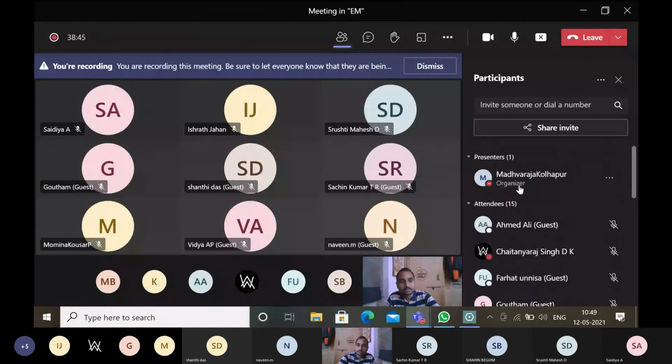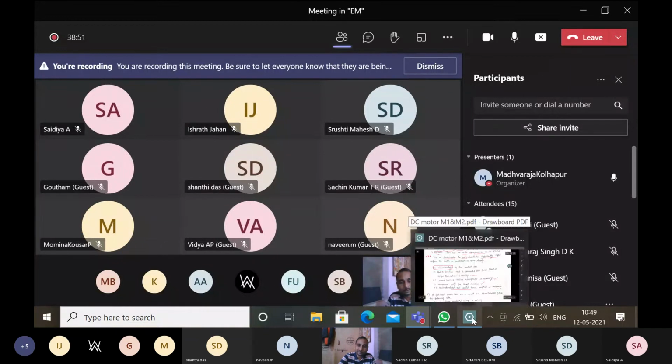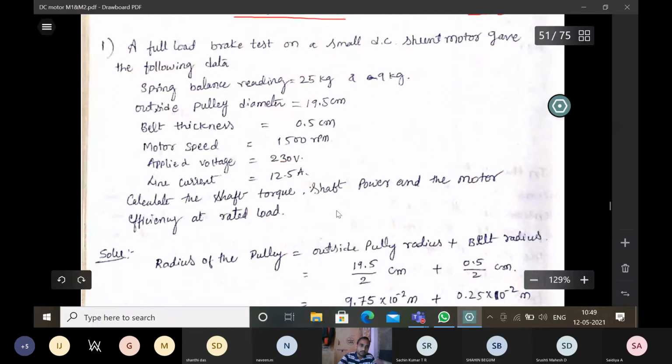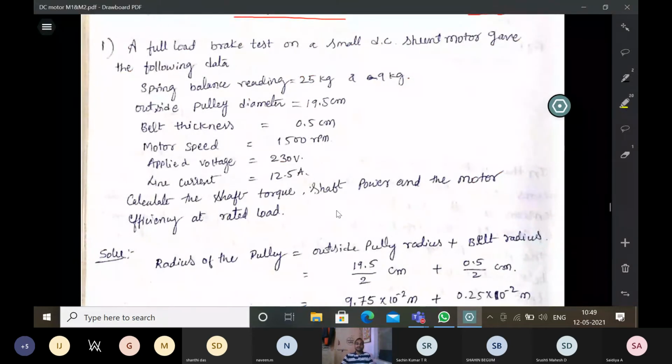Okay. So take one problem on this. Okay, all of you take the book, calculator, everything. Take this problem. A full load brake test on a small DC shunt motor gave the following data. Spring balance reading is 25 kg and 9 kg.